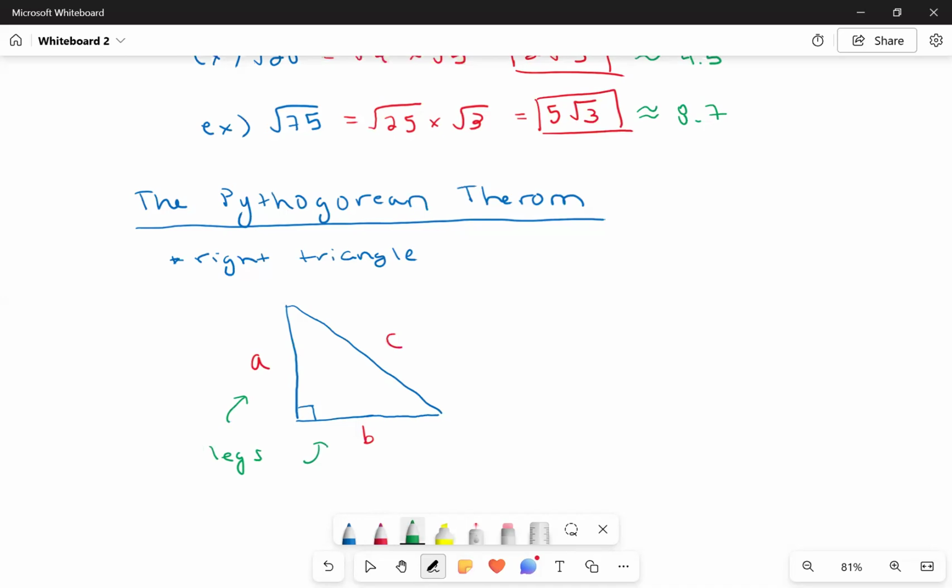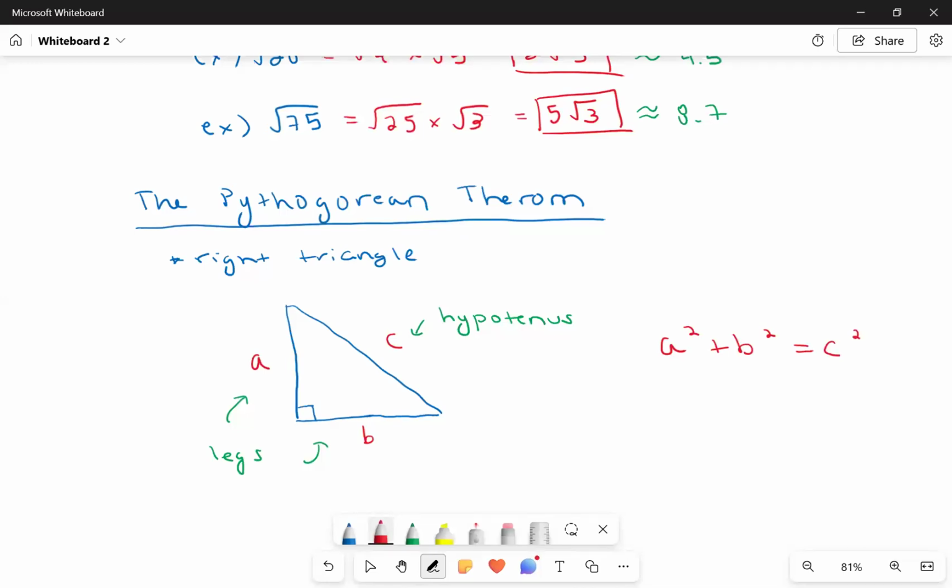That one we call the hypotenuse. And I hope this terminology comes back to you because I'm pretty sure you've seen it at some point. And the Pythagorean theorem itself is a squared plus b squared equals c squared.